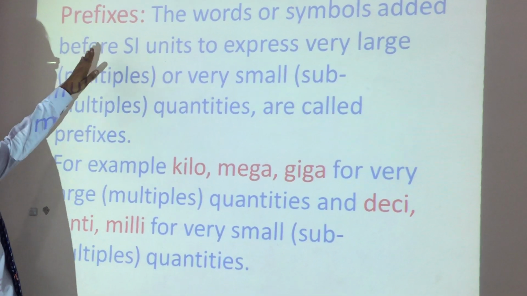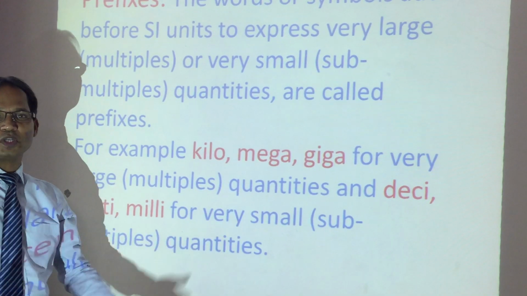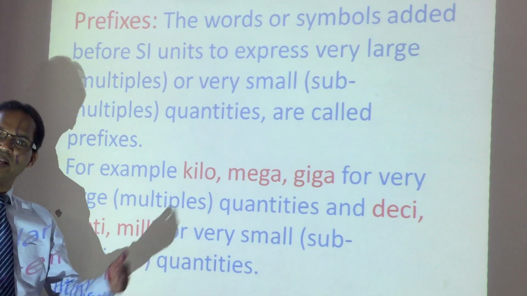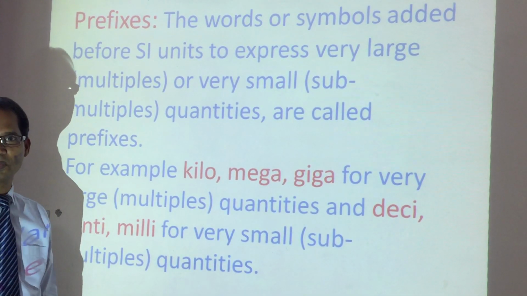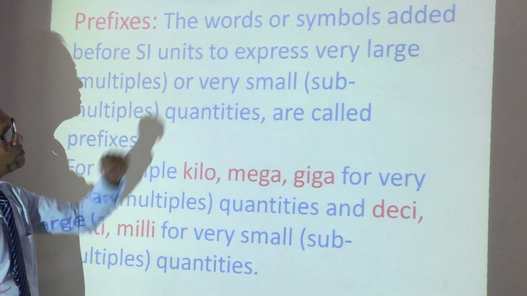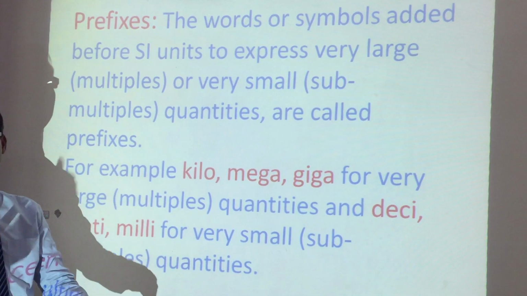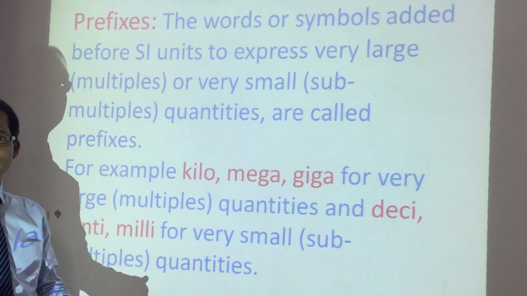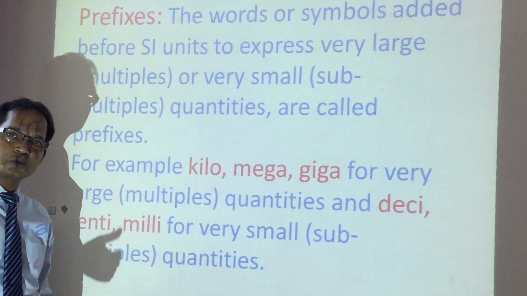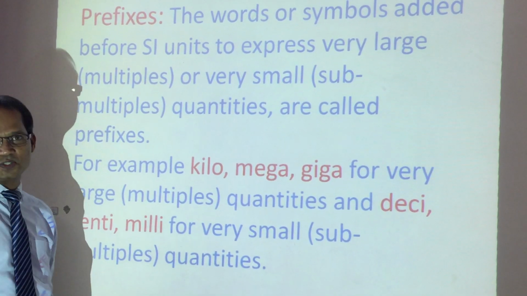And prefix means before. As you say, pre-engineering means the knowledge before engineering. Pre-medical, the knowledge before medical. So the words or symbols that are used before quantities that are very big or very small are called prefixes, right?